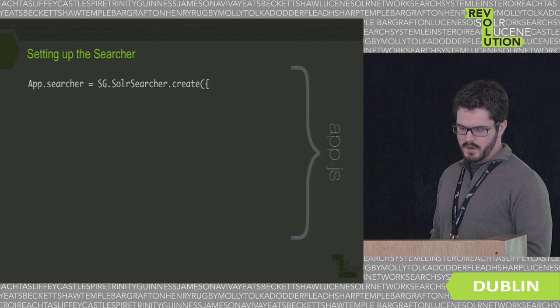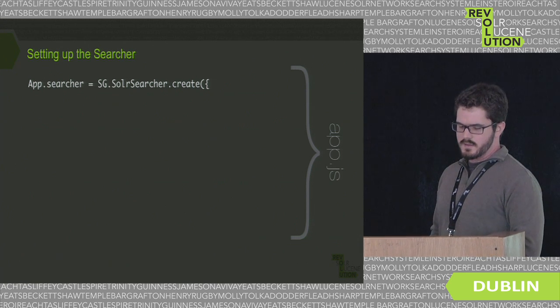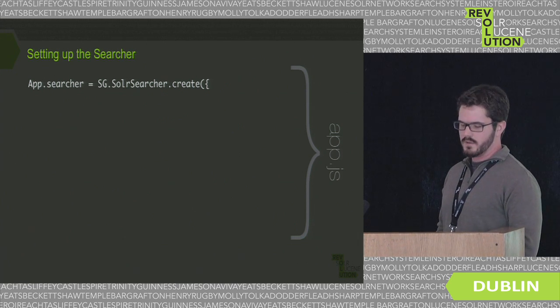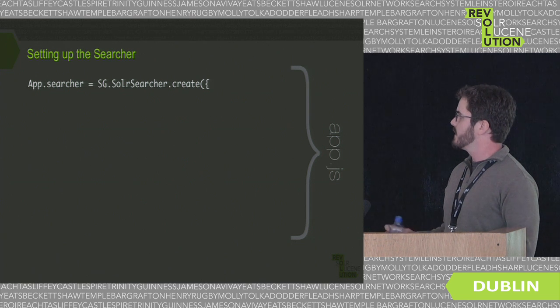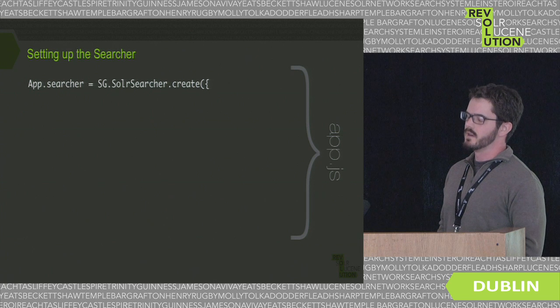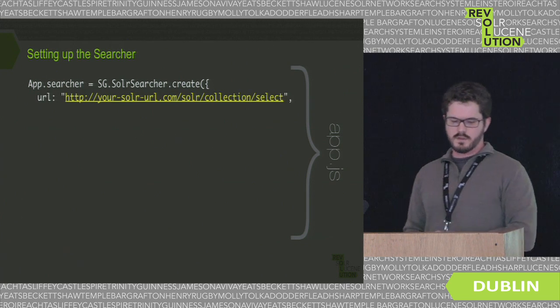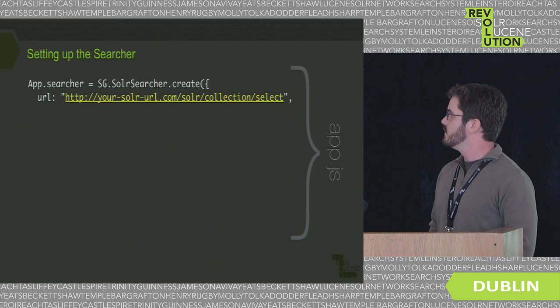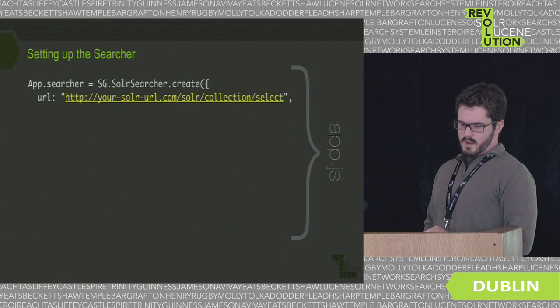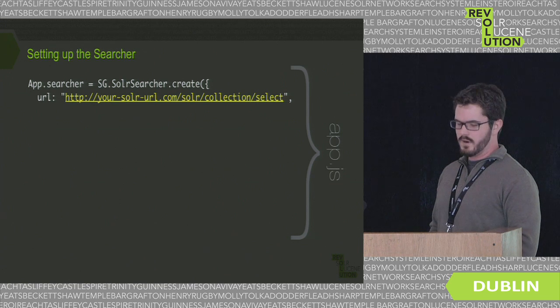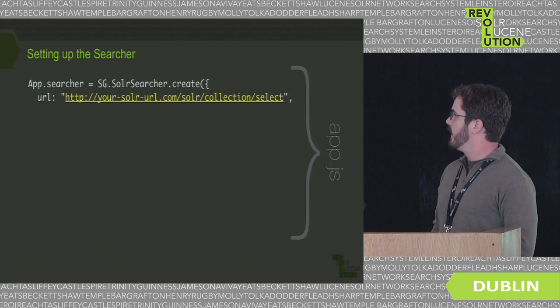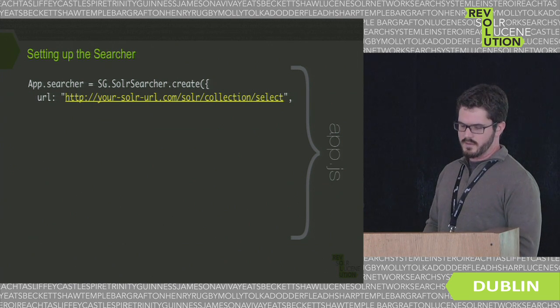And one thing to note about all this code is that it's included in the initial download, and when you would actually be doing this, you would just be modifying a few values that are in yellow. So the first thing that we need to do is point it to our Solr. So here we would have our Solr URL and our actual collection and handler at the end there.